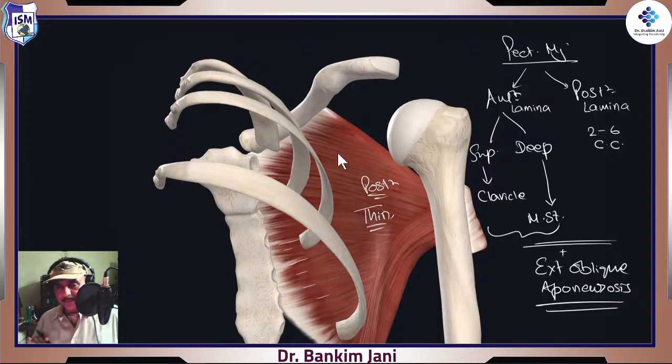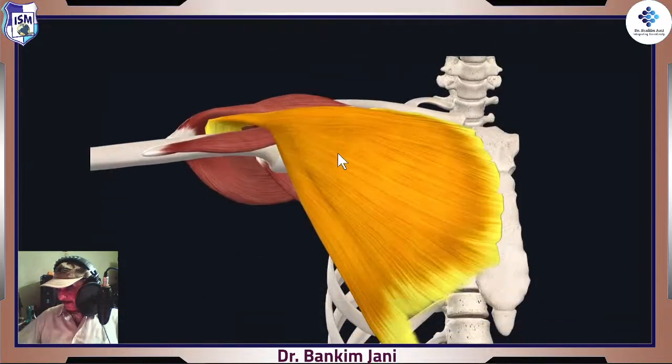Just remember that it is some tough structure from which a few of the fibers emerge, because it is part of the anterior abdominal wall discussion. At that point its importance will come, not much right now. Even if you don't remember it, it is completely fine. What really matters is that as you build up the whole concept, this will come automatically.